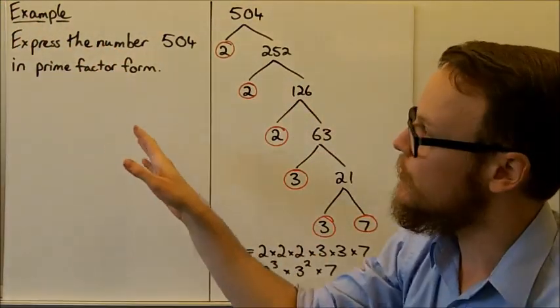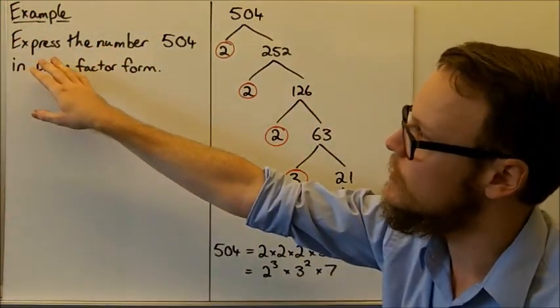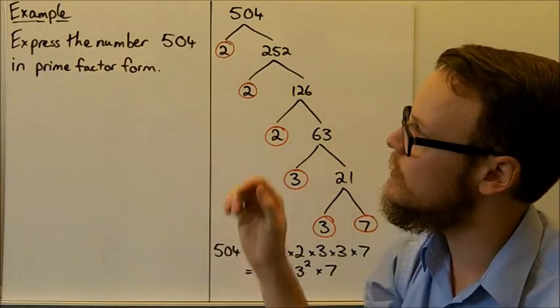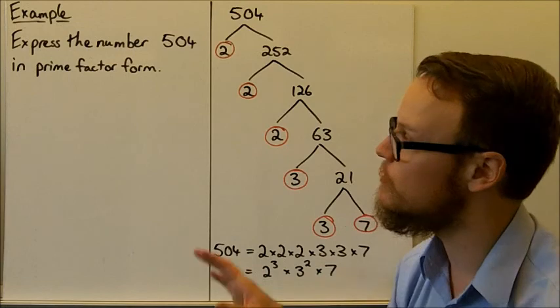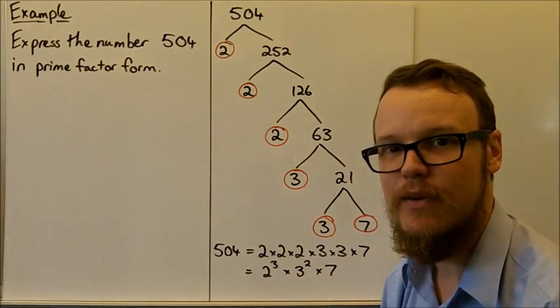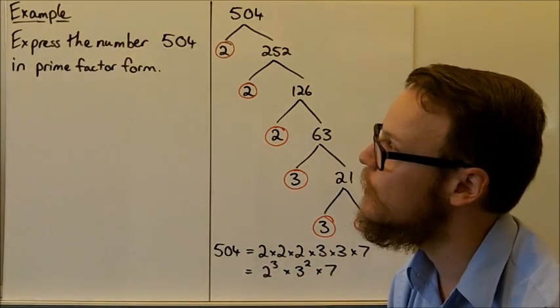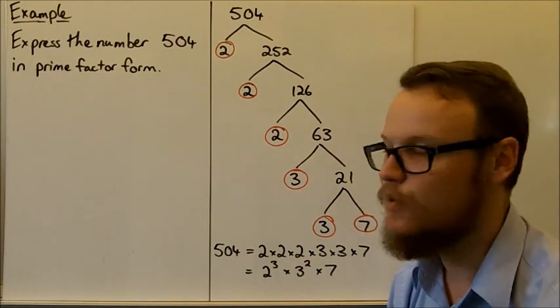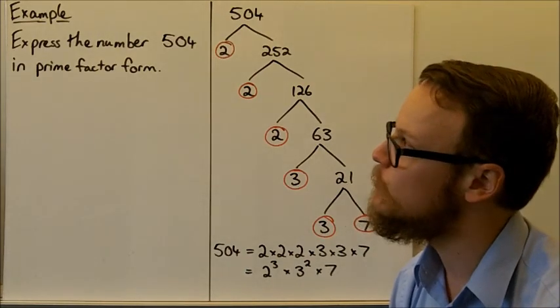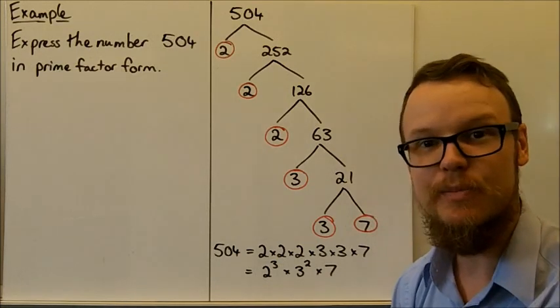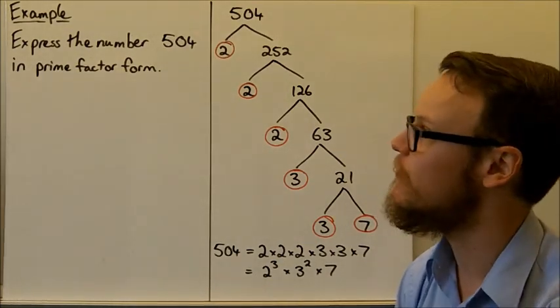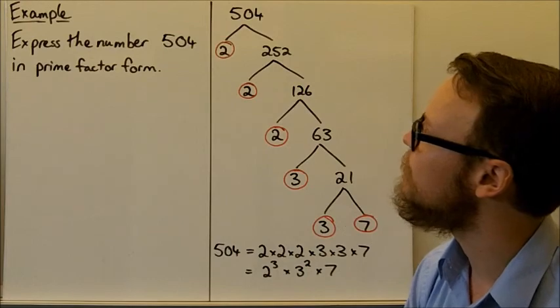Got an example for you here now. Let's look at this one, expressing the number 504 in prime factor form. We're going to be doing the same thing with this very large number, 504, converting it to prime factor form, which is going to be a little bit challenging. So it's best if we use our factor tree to work it out.